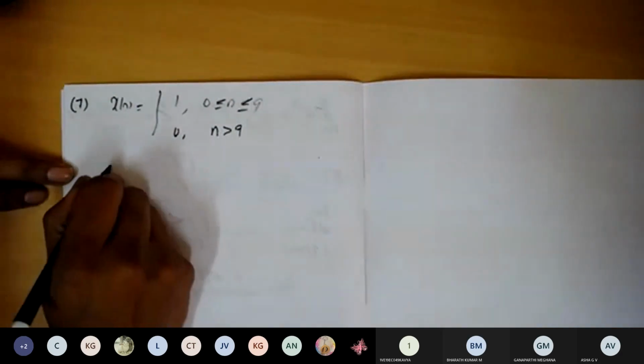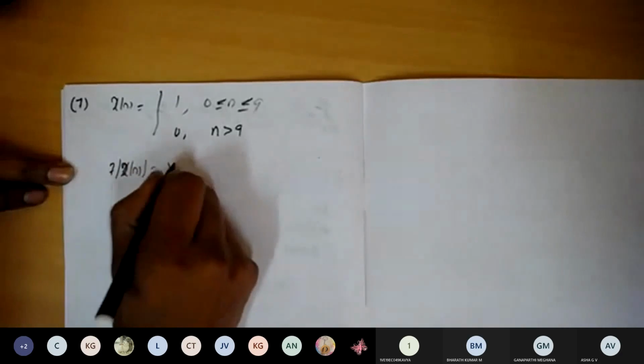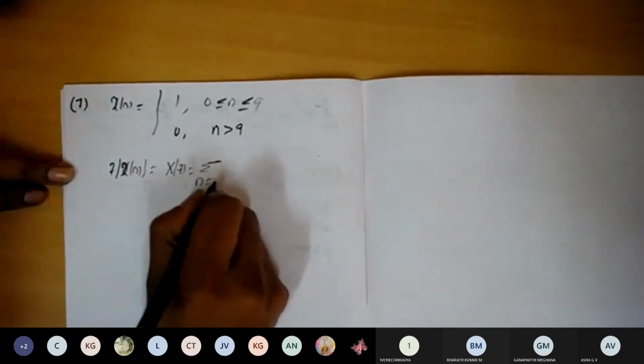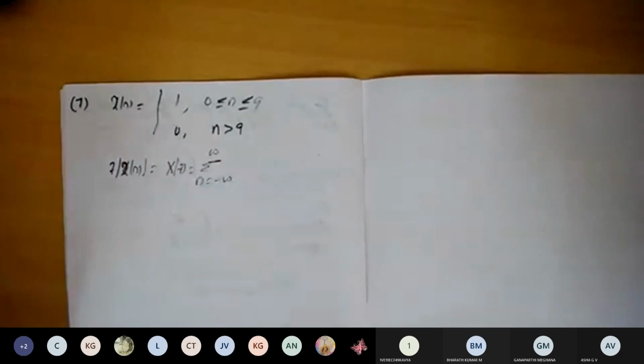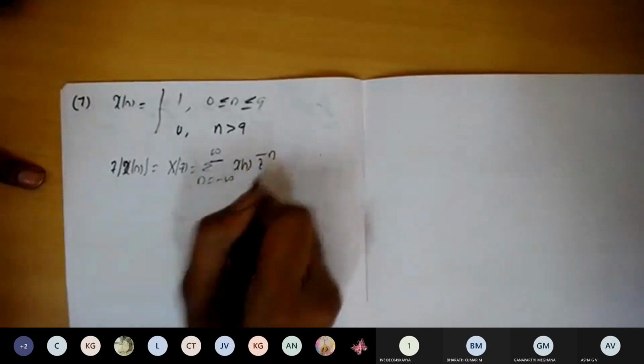Now we'll write the Z transform formula. The Z transform of x of n, which is equal to X of z, is the summation from n equals minus infinity to plus infinity of x of n into z to the power of minus n.